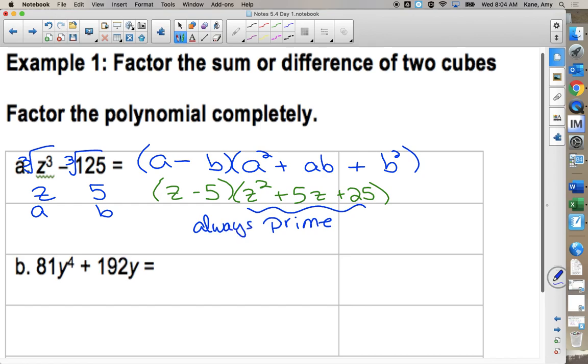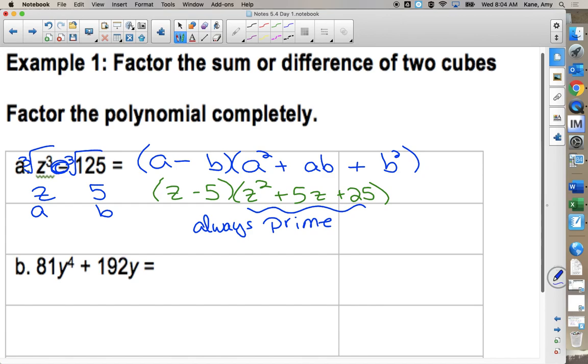Wait, so B would be positive 5? Say it again. B would be positive 5 instead of negative 5? Right here, for the first one? Oh, over here. Yeah. This minus sign has no effect on the cube root of A and B. So the minus sign gives us the symbols or the signs in the factoring.